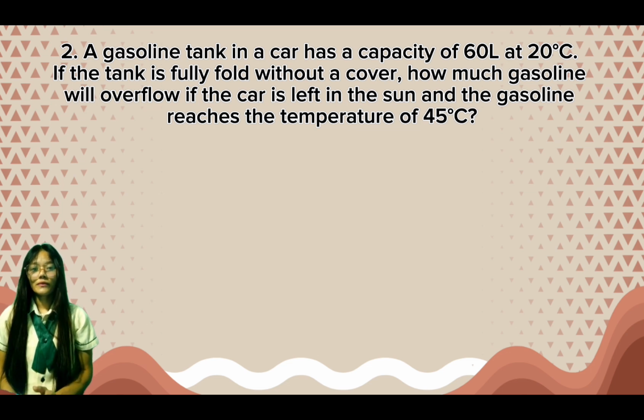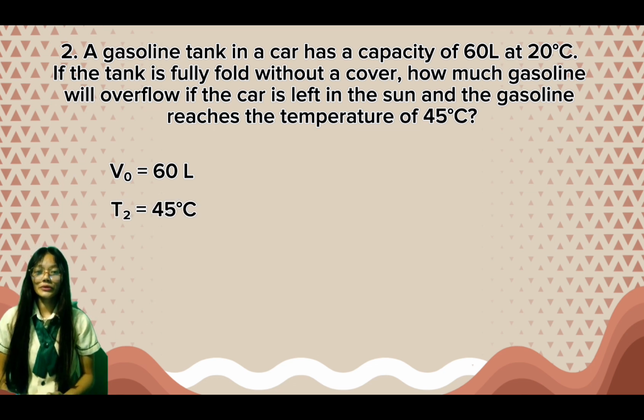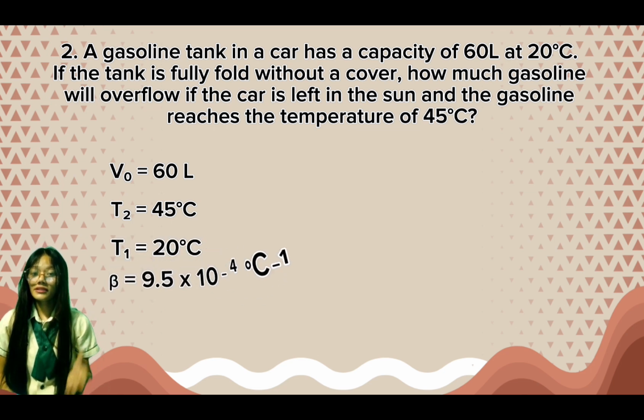The original volume of the gasoline is 60 liters. The final temperature is 40 degrees Celsius. And the given initial temperature is 20 degrees Celsius. And then this is the given coefficient of volume expansion for gasoline. Now we need to calculate the temperature change.